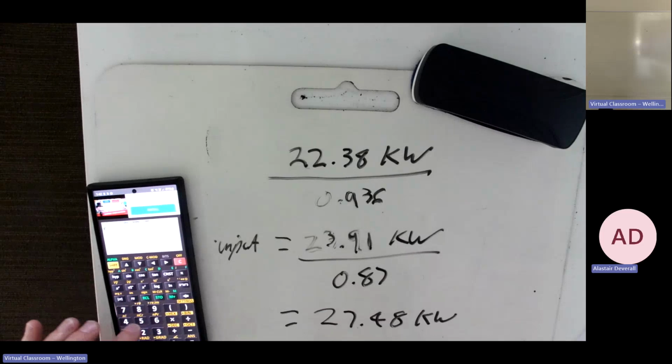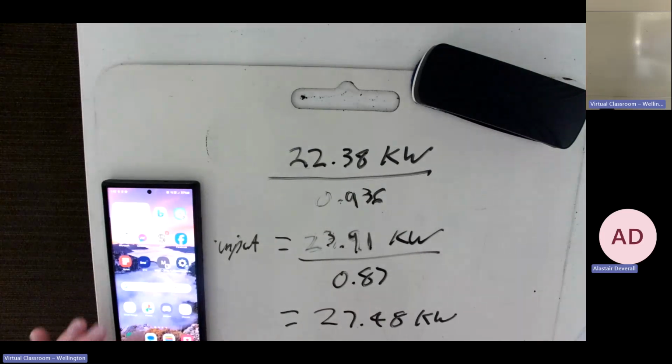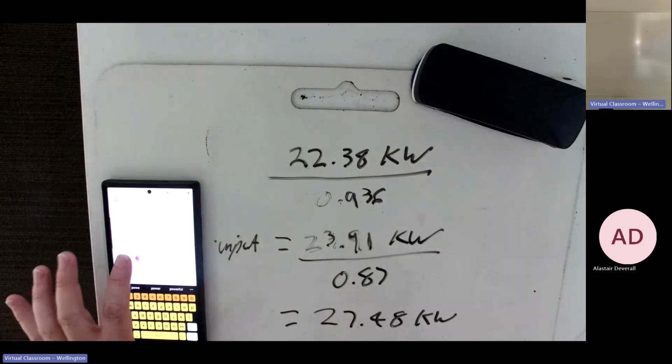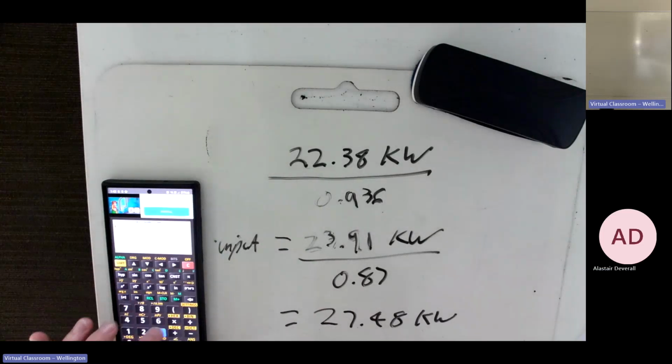So we have root 3 times 415 equals 27480 divided by the square root of 3 times 415, and we get 38.23 amps.